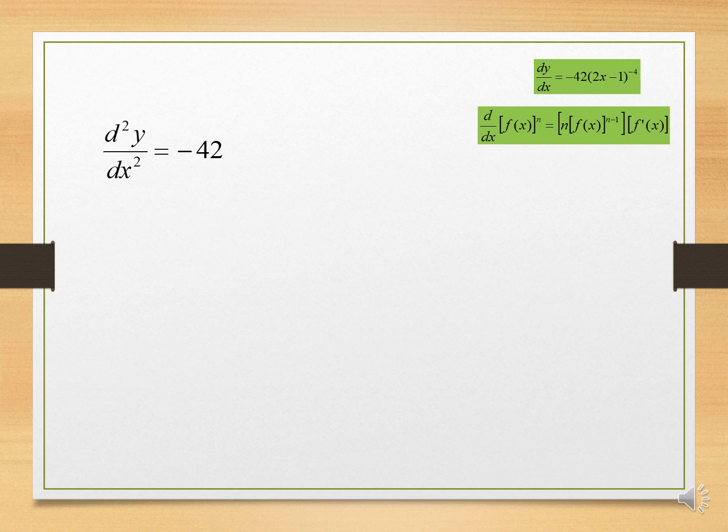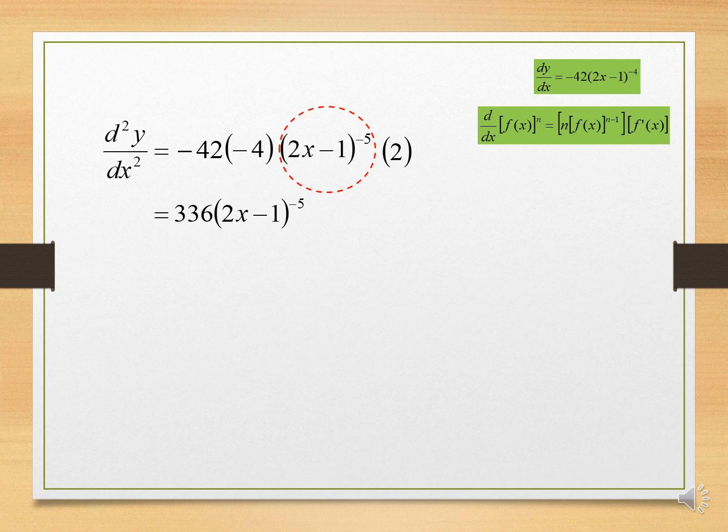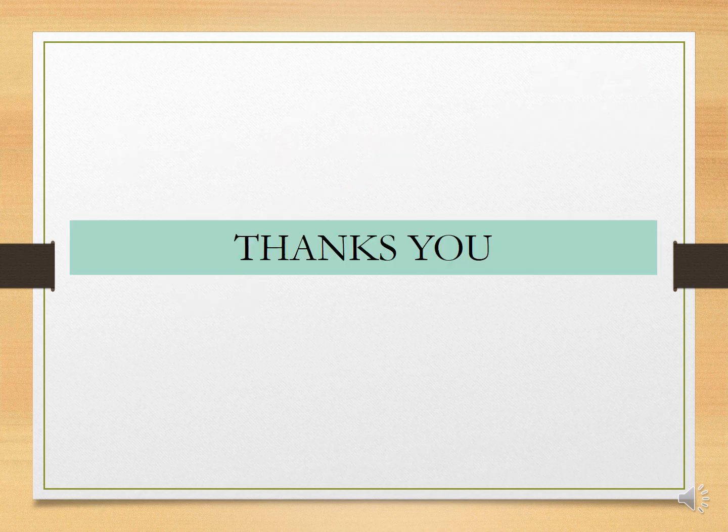You bring the power negative 4 in front, then (2x minus 1) to the power of negative 4 minus 1, which is negative 5, and differentiate the function inside the bracket, 2x minus 1, to get 2. Then we multiply the constants together and get 336 (2x minus 1) to the power negative 5. Finally, we rearrange the answer like this. That's all for the lesson today. Thank you, class. See you again next time.